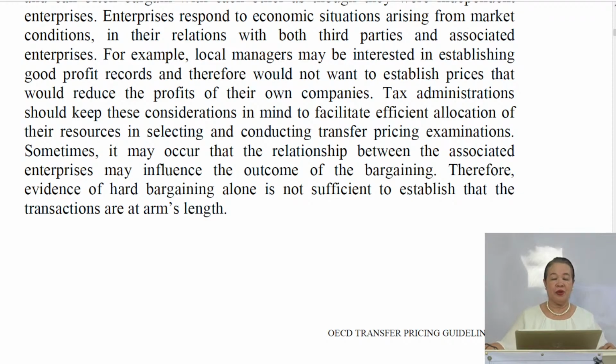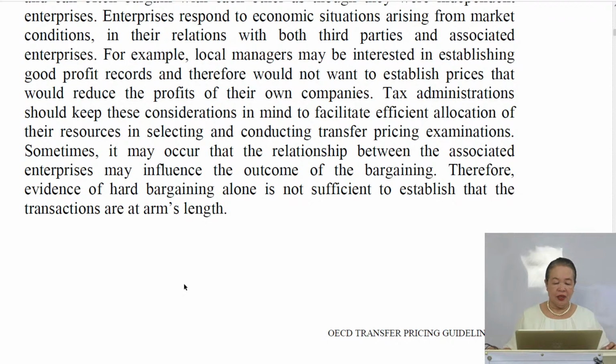That's why proper costing is a must in business. Tax administration shall keep these considerations in mind to facilitate efficient allocation of their resources in selecting and conducting transfer pricing examinations.